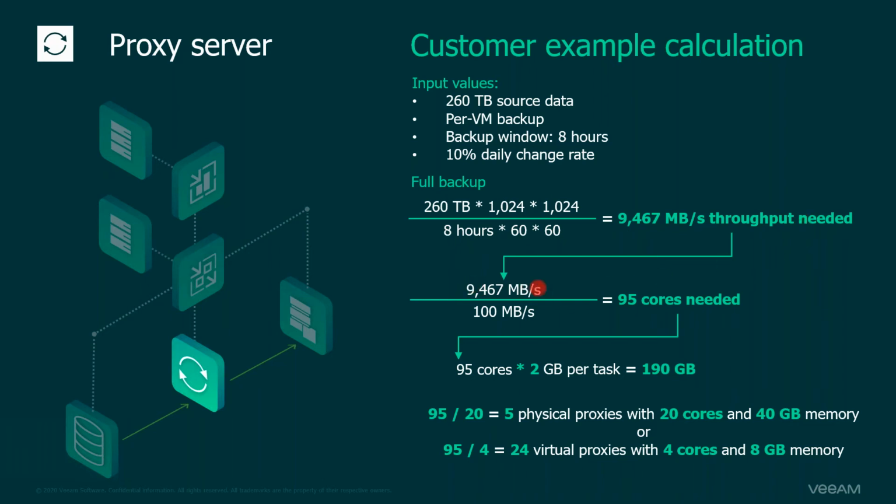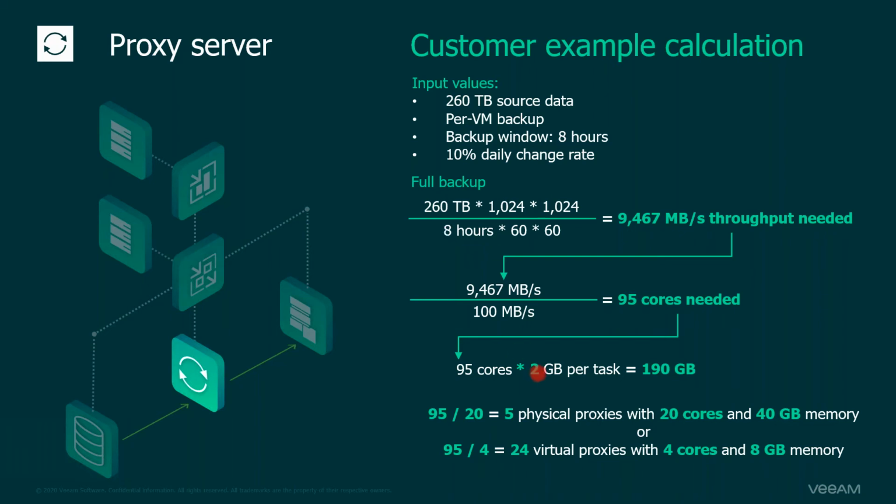We're then going to take that throughput needed, divide it by our average full backup speed of 100 megabytes per second. And that's going to tell us that we need approximately 95 cores to process this amount of data in that amount of time.